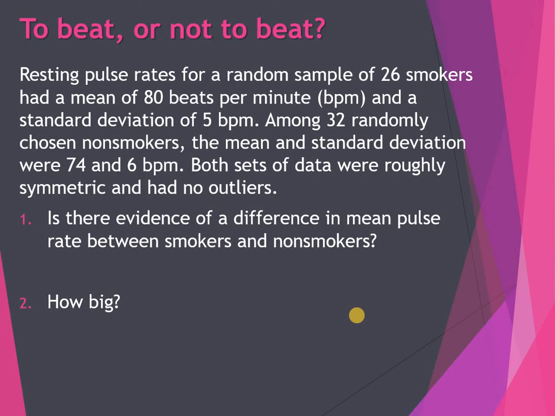So what I want you guys to do is start by copying down what information you think might be important with this. Let's start painting the picture. What do we have? What are we talking about?